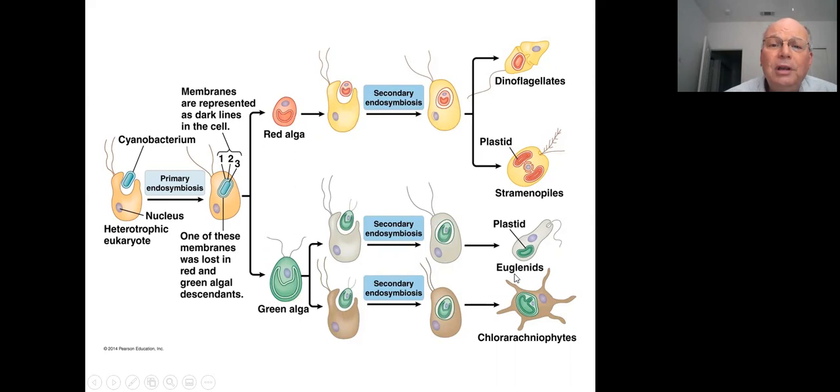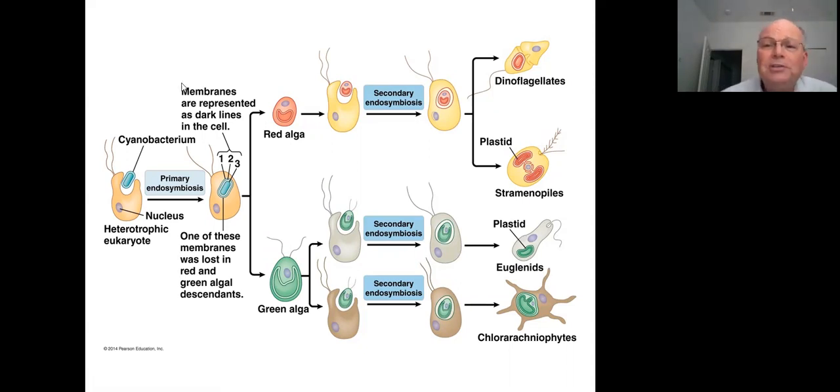And the red algae and the green algae that are captured by a secondary endosymbiosis then give rise to a range of both photosynthetic and perhaps non-photosynthetic descendants. And there'll be more to come on that a little bit later in the presentation.